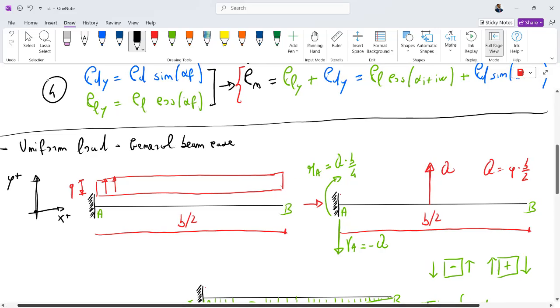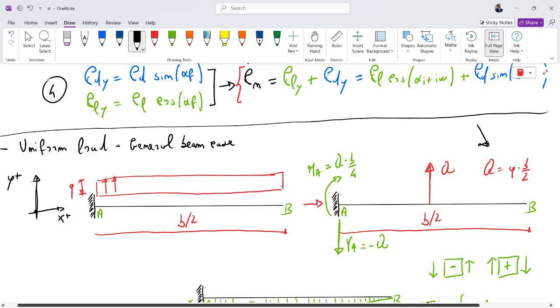In this simple way, we can substitute the uniform distributed load with a lumped load that we call Q uppercase, and is equal to q lowercase times b over 2, that is the span, the length of this beam. So if you remember, this is a simple area of a rectangular shape.